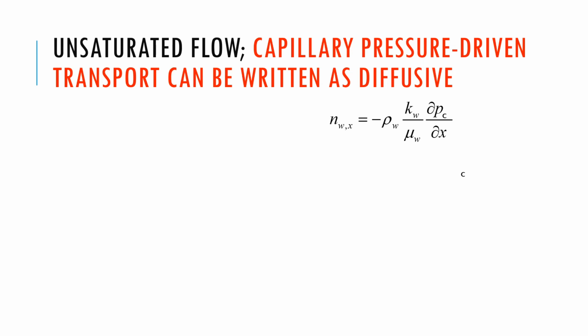Under such conditions, the flux due to capillarity, the mass flux, can be written as this. This term comes straight from Darcy's law. This term can be rewritten because capillary pressure is a function of the moisture content.